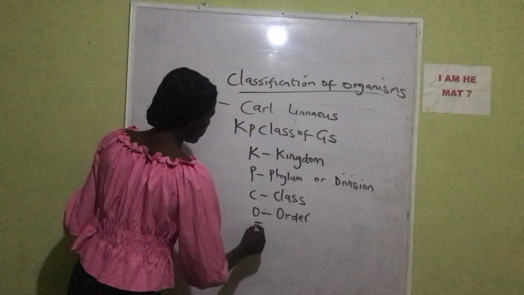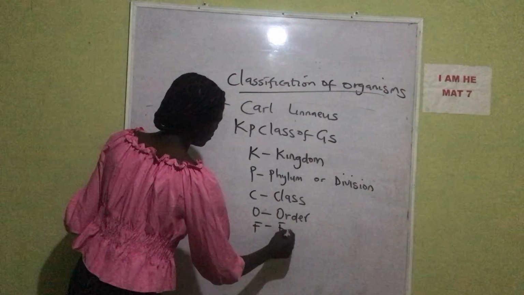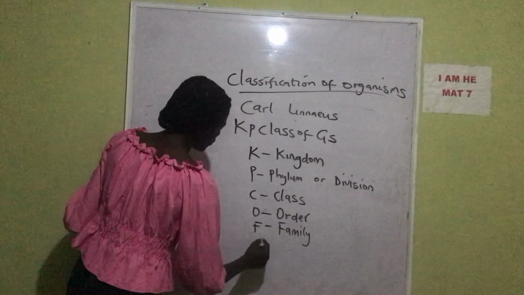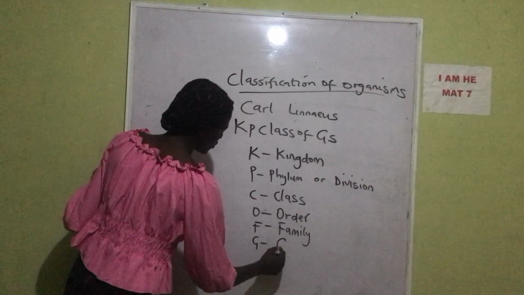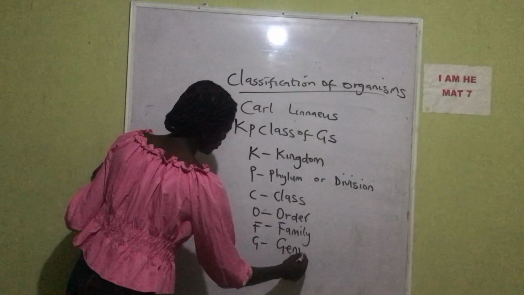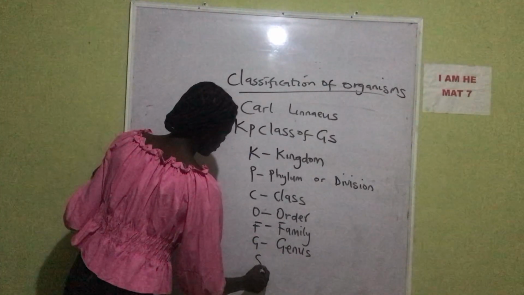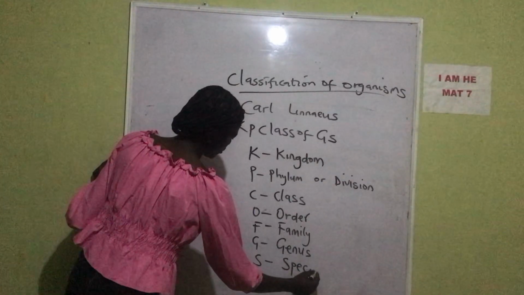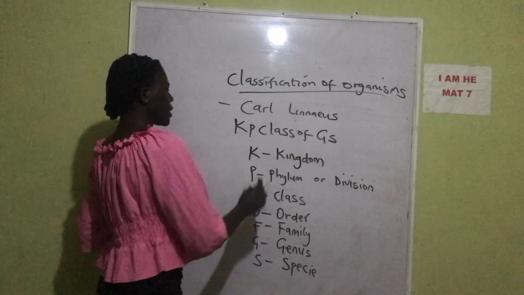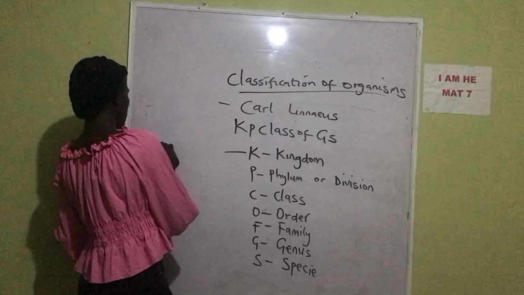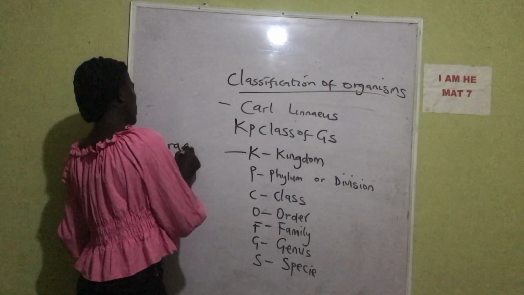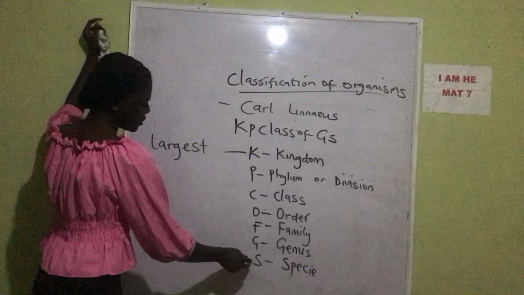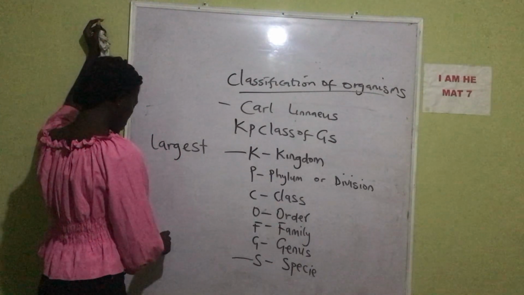F is for family. G is for genus. And S is for species. So amongst all, kingdom is the largest, and species is the smallest.